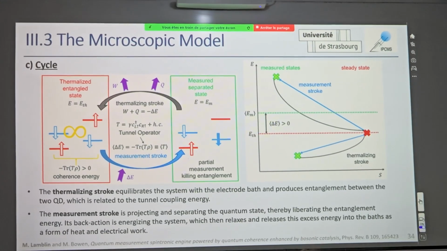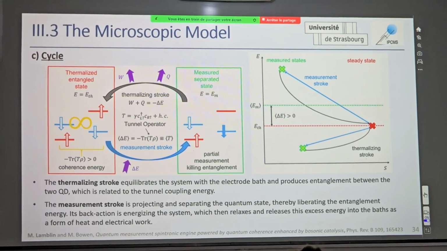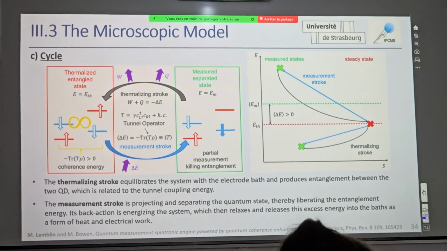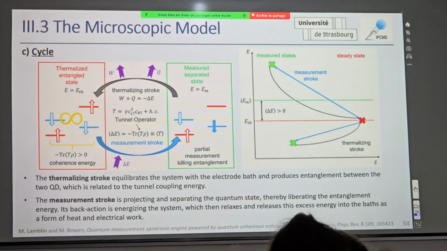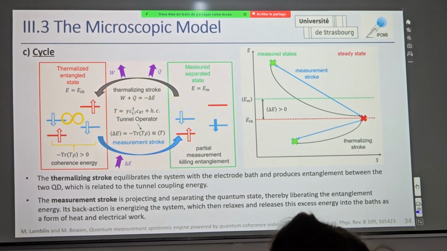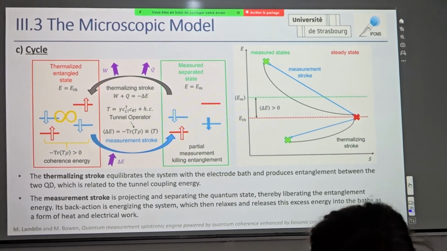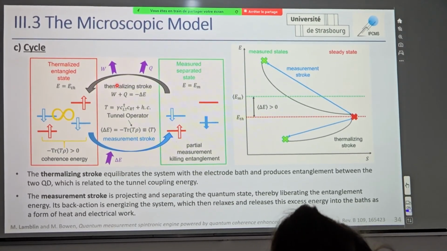And then the spin interface may also act as a daemon that is collecting information of the nearby spin and therefore inducing measurements. And so with these considerations, I proposed a simple 2-stroke cycle that will make the engine.